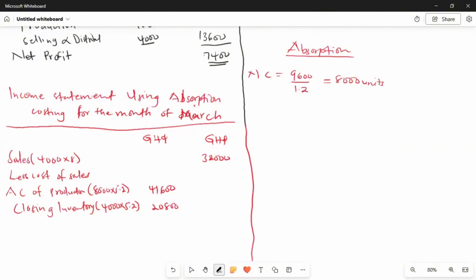So we are going to less this. When we less this, we're supposed to get 20,800. So that is the cost of sales.